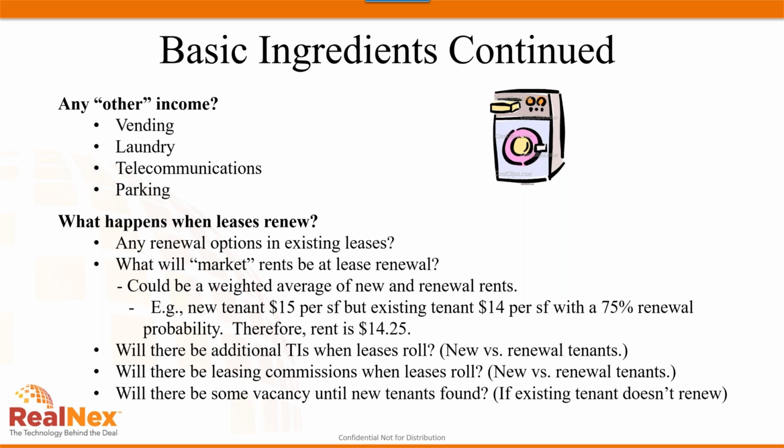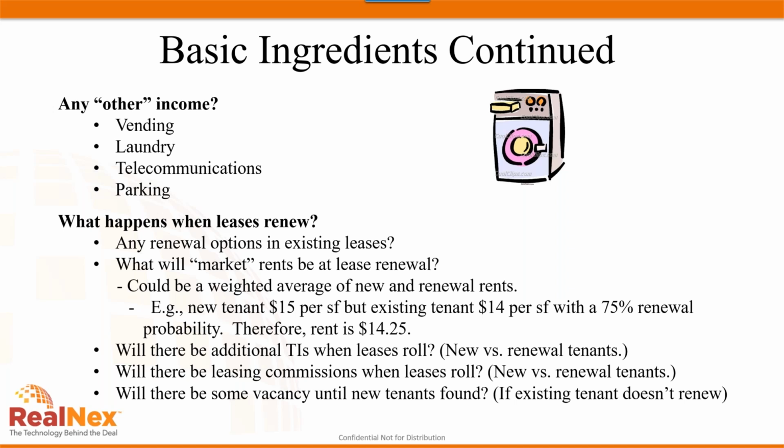One of the problems with that is market rents don't usually grow at some nice, neat rate every year. We take a little different approach in Market Edge and ask you to put in what you think market rents will be at the time that the lease renews, going through a similar process to what you do before putting the inputs into the program. You say, here's what I think it would be today, and then I think it's going to grow at some rate.